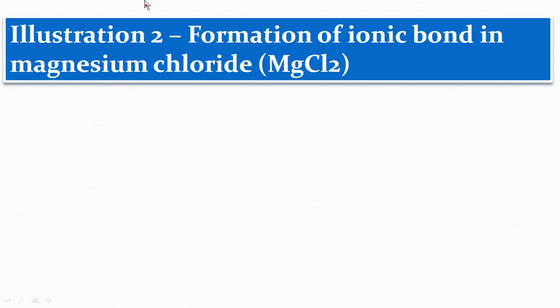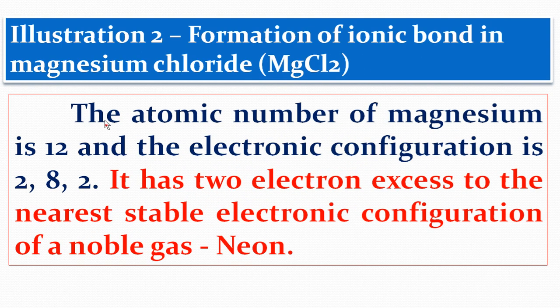Now, come to the second example, the formation of ionic bond in magnesium chloride, MgCl2. Magnesium has the symbol Mg, its atomic number is 12, and the electronic configuration is 2, 8, 2.